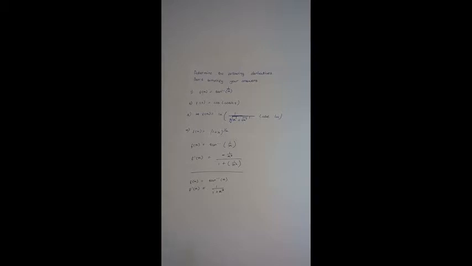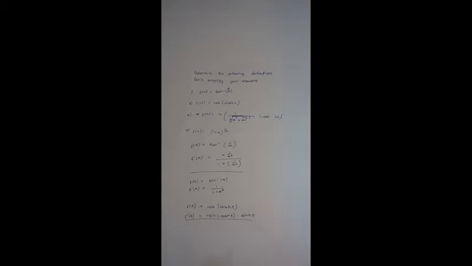Moving on to the next one, f of t is equal to cos of cos t. Hence the derivative should be equal to negative sine of cos t times the derivative of what's inside, which is negative sine t. Then you get your full marks.